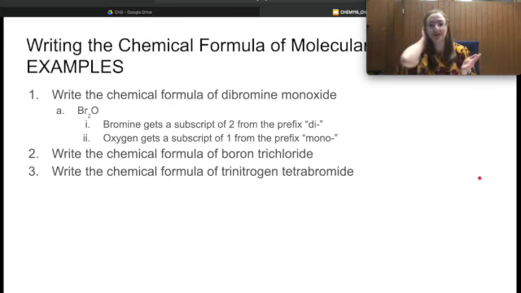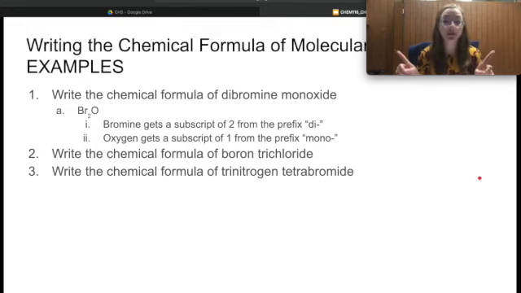Super straightforward here. So if we look at number 2 on your screen, we see boron trichloride. So if we have boron trichloride, we're going to look to the first one. We see that it does not have a prefix, so it means mono. So I have 1 boron if I just see the elemental name written. So 1 boron, just a capital B. And then I have trichloride.